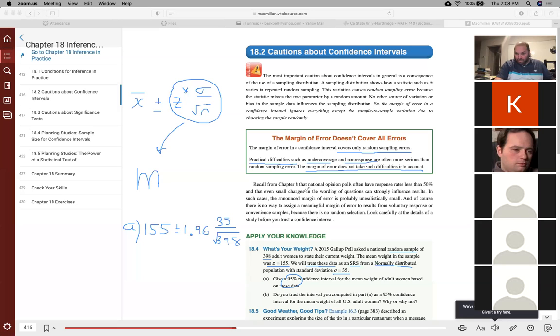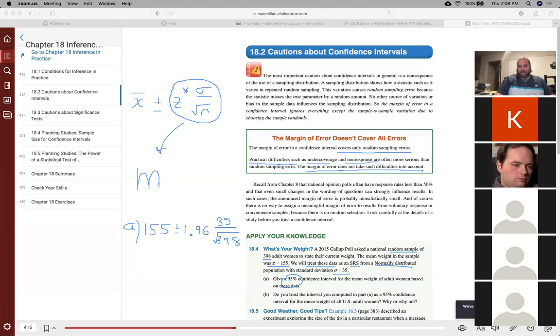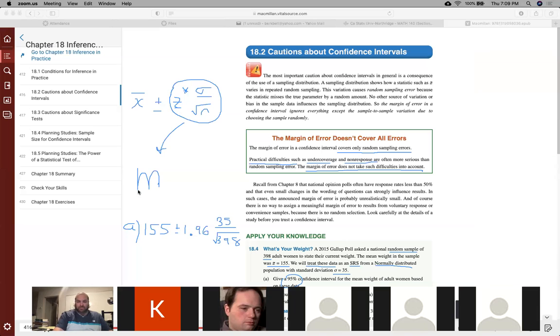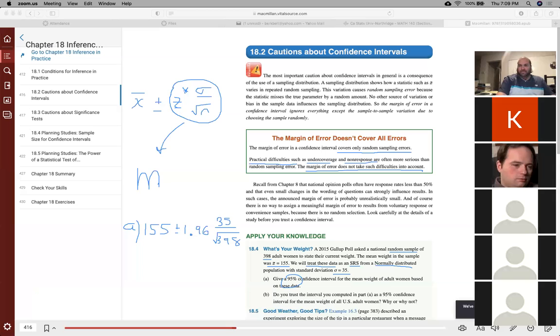Oh, someone's writing it. Oh, awesome. Let's see. She said, was that right? 2.576. Okay. So those are just facts. Anytime you have a Z table, Z star, those numbers come directly from the confidence level.